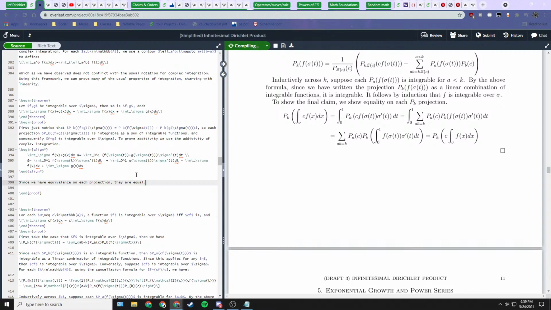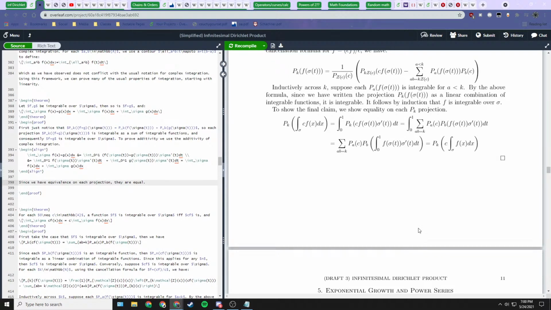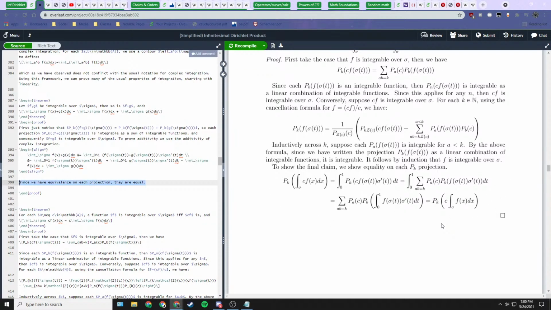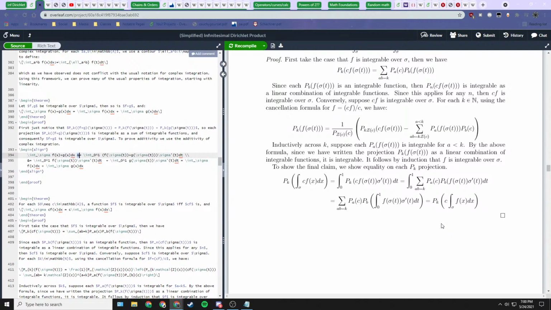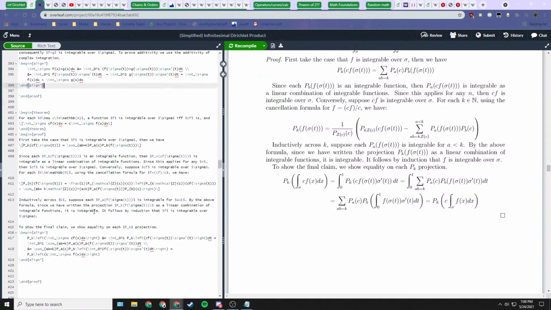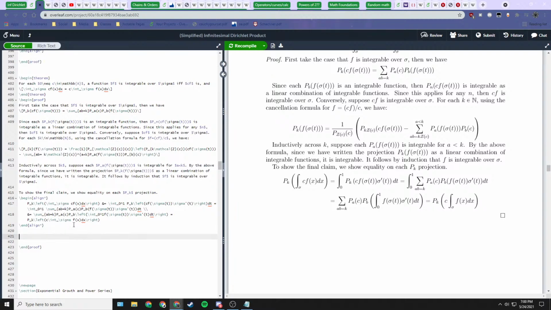Since we have equivalents on each projection, they are equal. Oh, whoops. That was in the wrong spot. That should go right here.